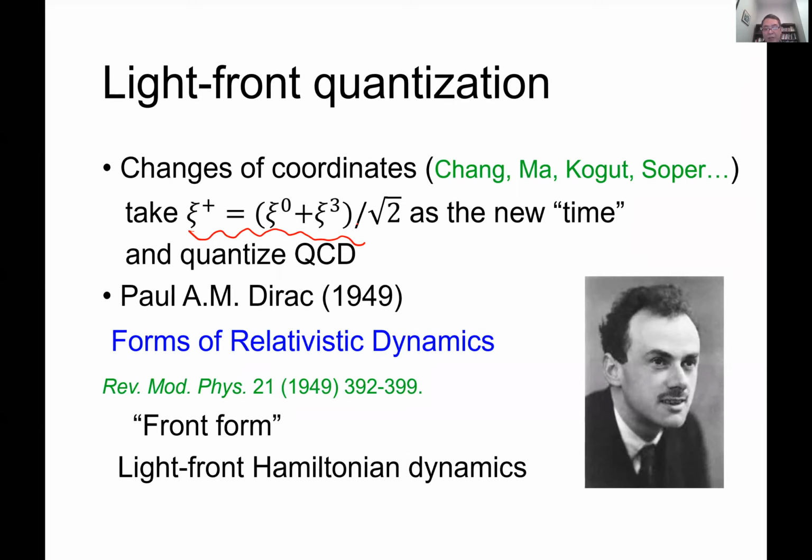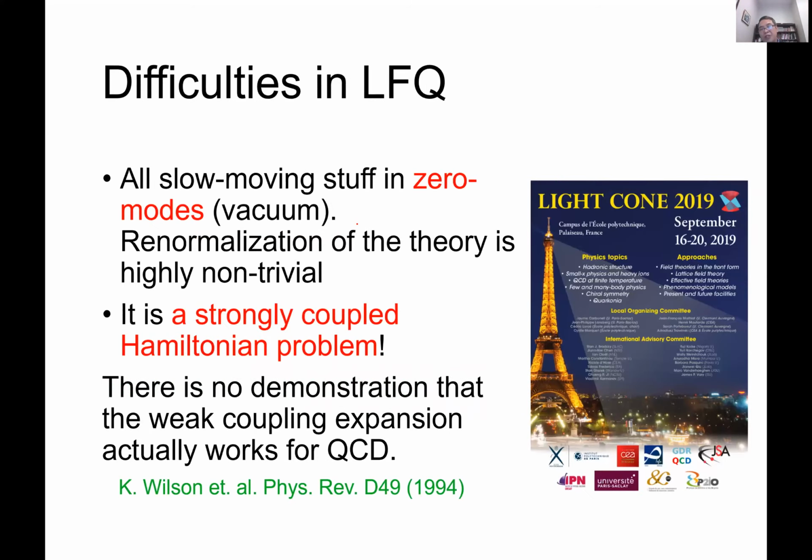So basically what Dirac was talking about is light-front Hamiltonian dynamics. This route has been pursued by many people in the last 30 years or so, at least starting in the 1990s, when there were explosive efforts in light-front quantization.